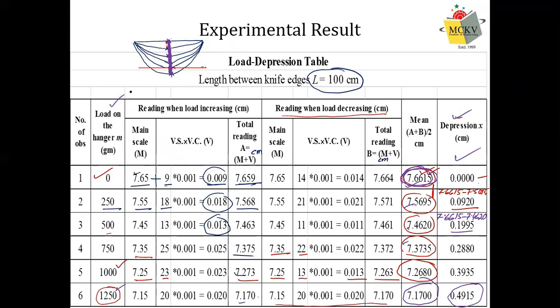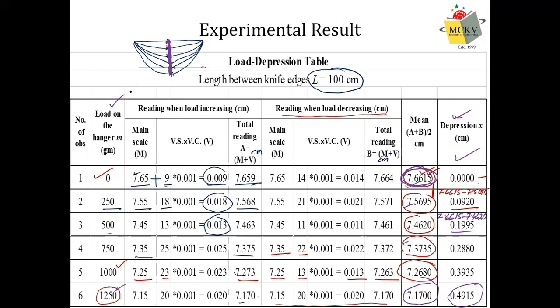In other words, depression should increase linearly with increasing load. Our theory suggests that. But we need to observe it now. To be very sure, we need to observe it. And for that, we need to plot it.